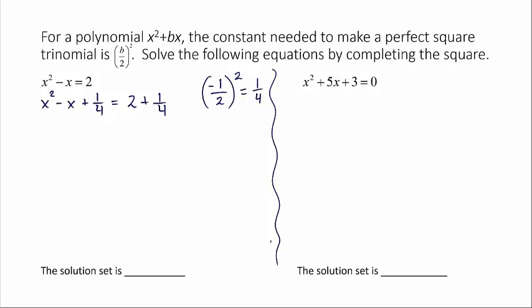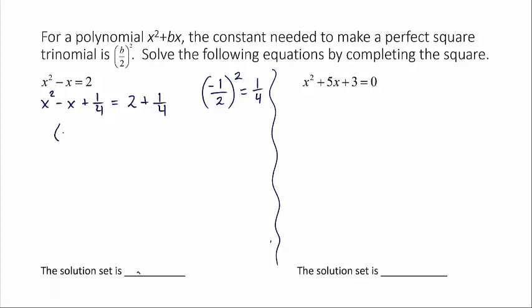Now the question becomes, how do you factor something like that? If you've got x squared minus x plus 1/4, remember the factoring number is the square root of what you added. In our case, you can think about it as just b over 2. It's the initial step in the completing the square process.